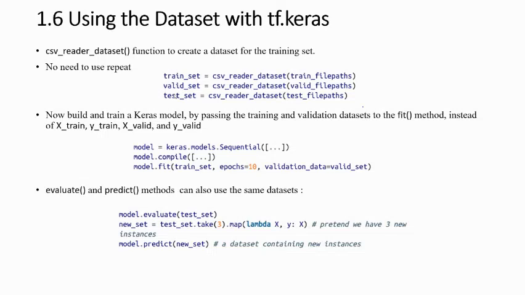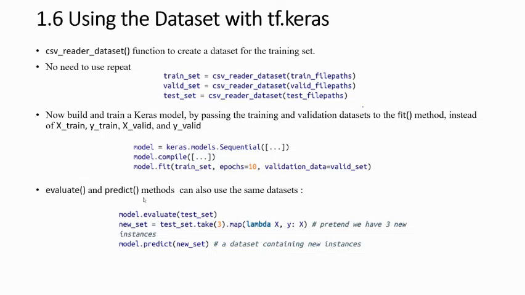What we are doing now is building the sequential model, then compiling the model, and then fitting it, training the model on the training set with the proper arguments required. The last one is the evaluate and predict methods.